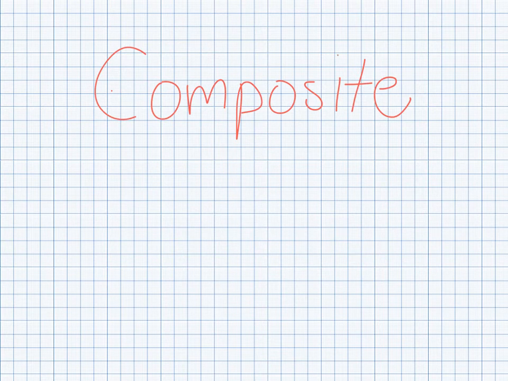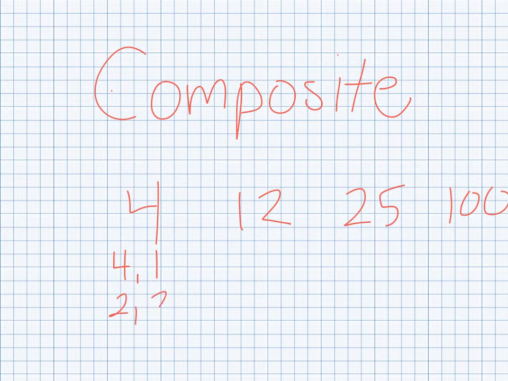Composite means just the opposite. A number greater than 1 that has more than one factor pair is a composite number. Some composite numbers are 4, 12, 25, and 100. If we were to list all the factor pairs for these numbers, it would look like this. The factor pairs of 4 are 4 and 1, and also 2 and 2. The factor pairs for 12 are 12 and 1, 6 and 2, and 3 and 4.